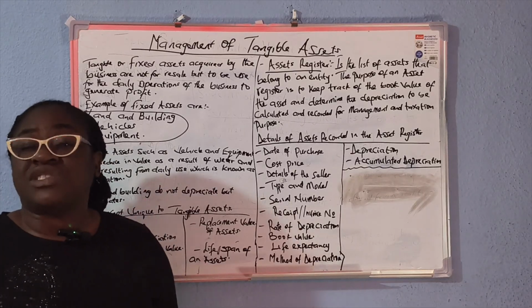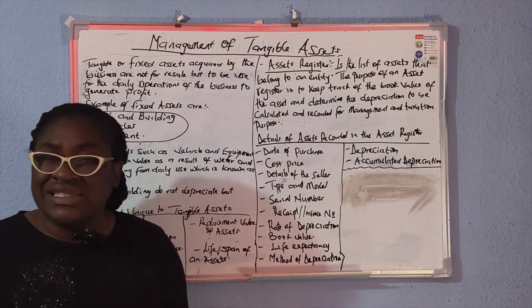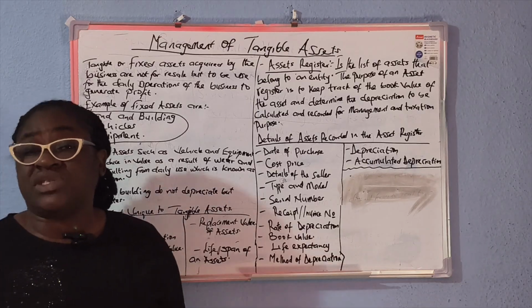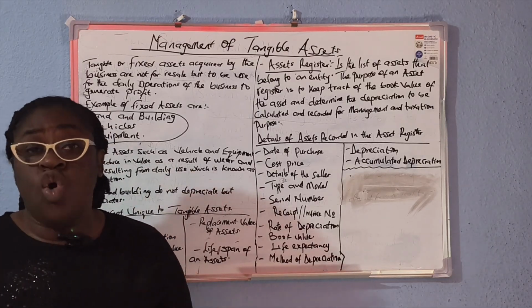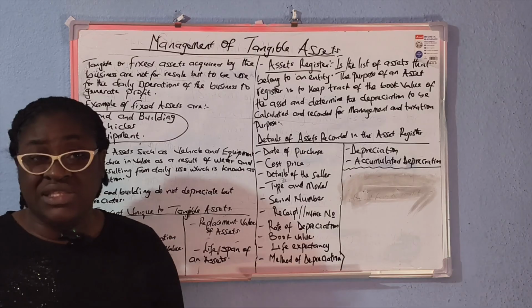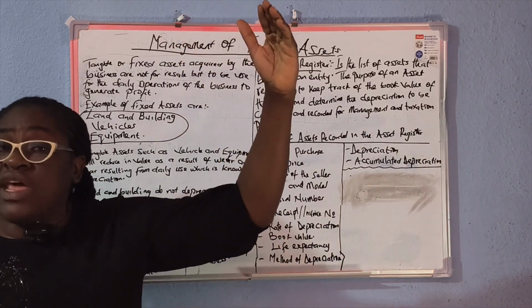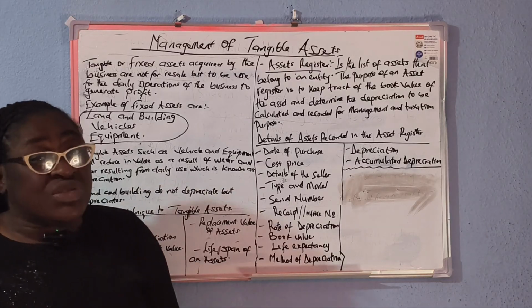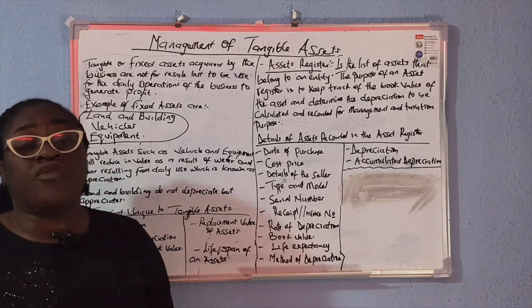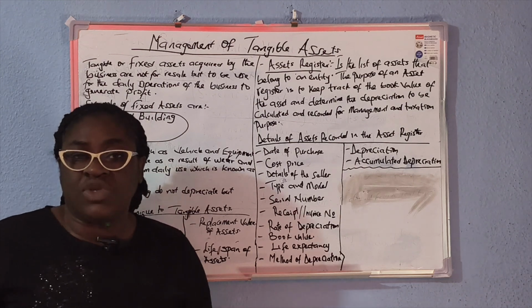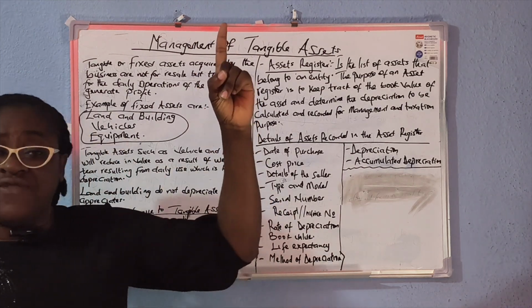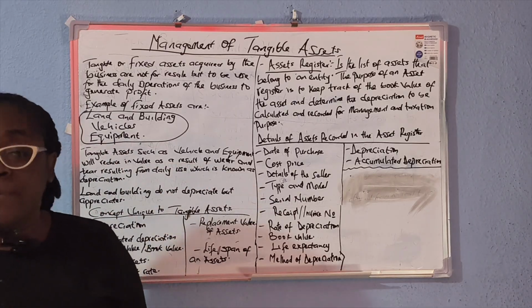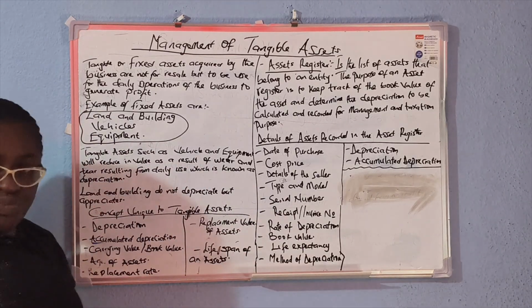Meaning, I will have to sell that car for less than 250,000. Let's say I was able to sell the car for 220,000. It means from 250,000, which is the cost price, the car has reduced in value to 220,000. So the difference between 250,000 and 220,000, which is 30,000, becomes my depreciation.